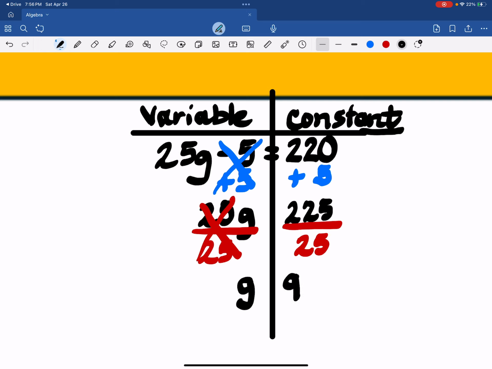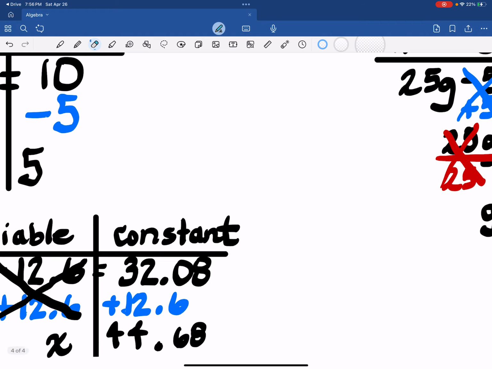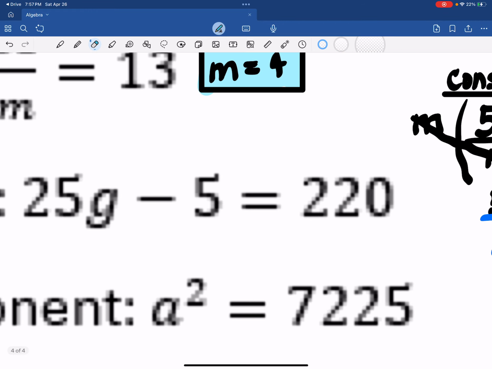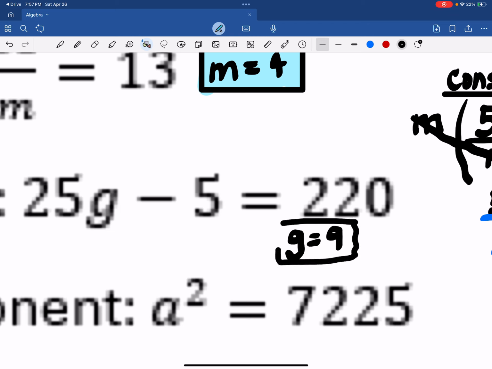And that is 9. So the solution to this one, g, the variable, equals 9, the constant. And when you get them down to one variable and one constant, you have yourself a solution.